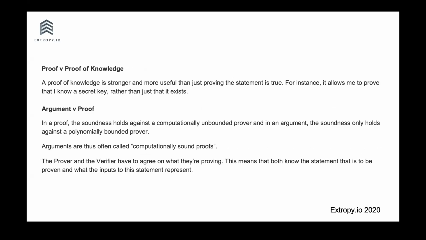So if it's a proof of knowledge, we're saying not just that some secret exists, but that I know the secret. And if we're talking about an argument rather than a proof, this is really, again, about the amount of computation that is needed to get around this and the assumptions we are making about the computational power of the people involved in this.